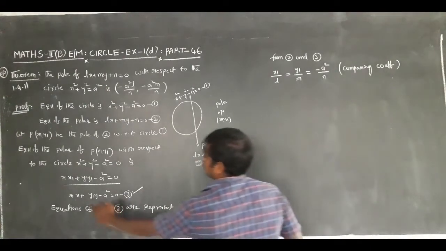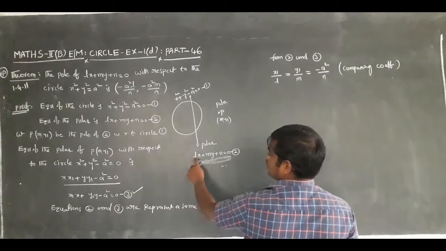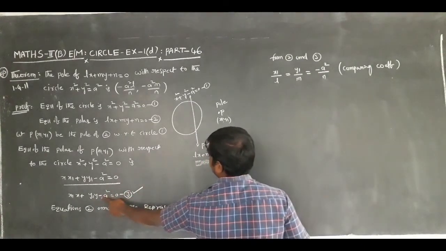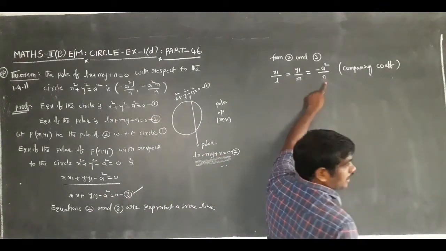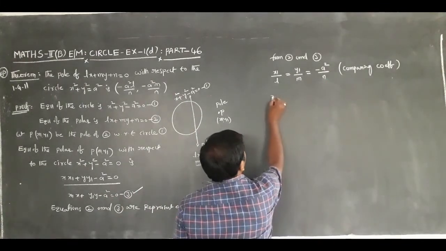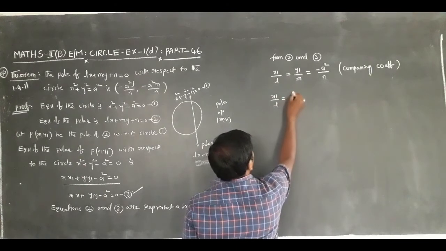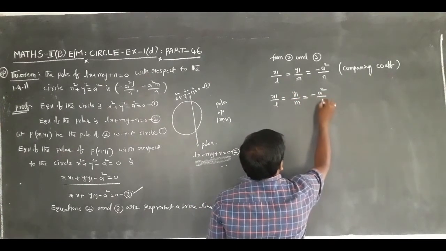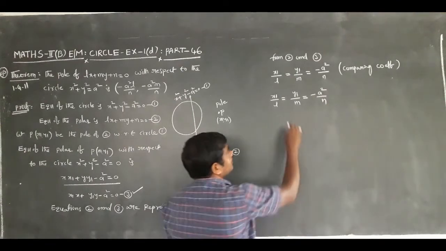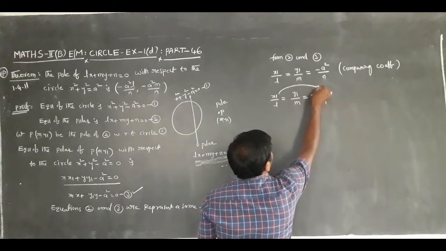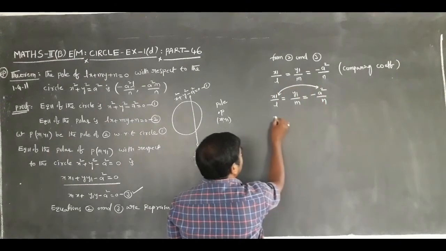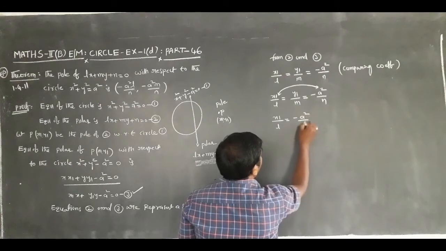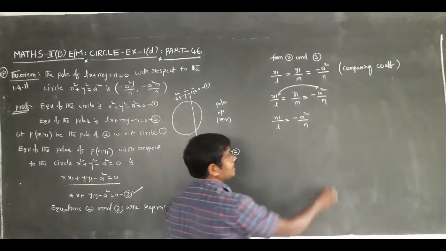So x1/L = y1/M = −a²/N. Equating first and last: x1/L = −a²/N.